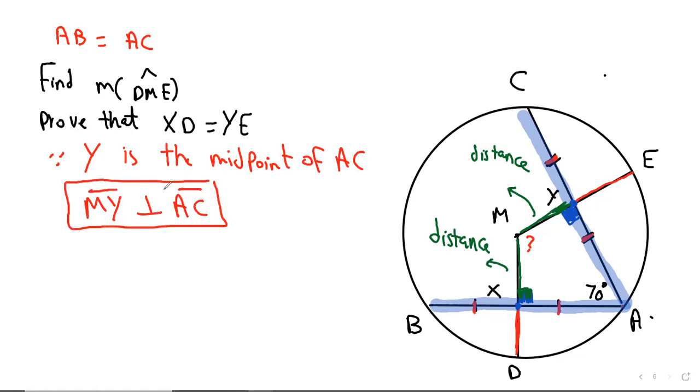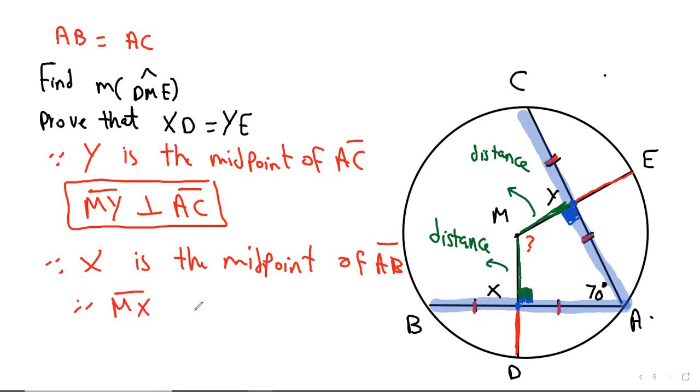I showed that MY is the distance from the center to the chord. And also write, since X is the midpoint of AB, then MX is perpendicular to AB.